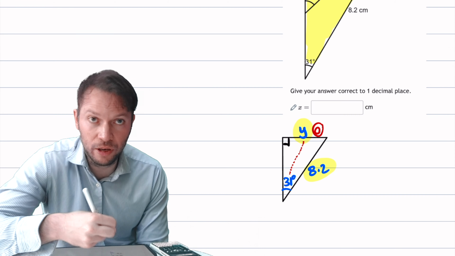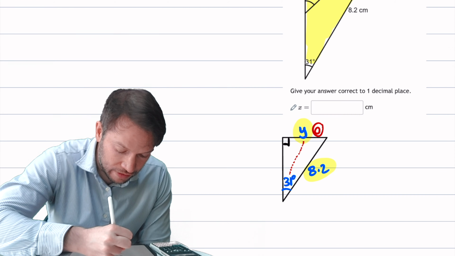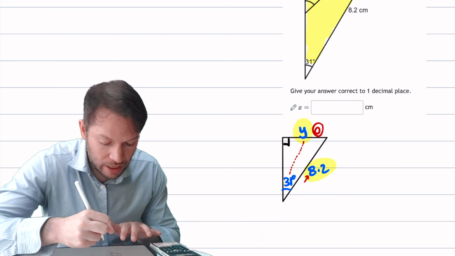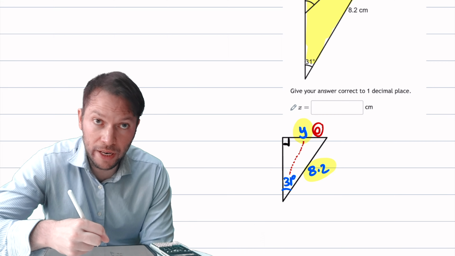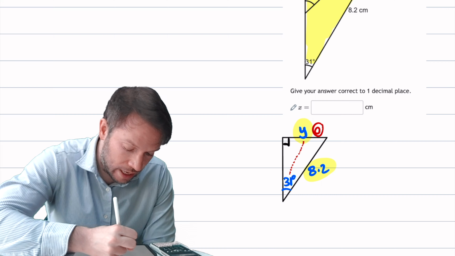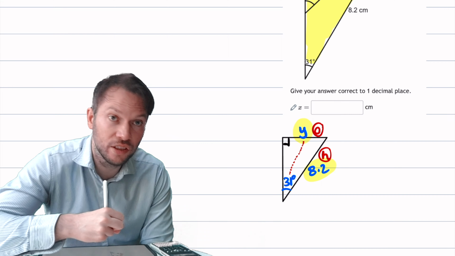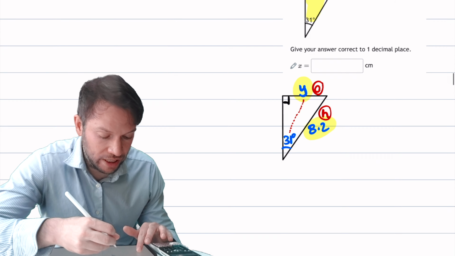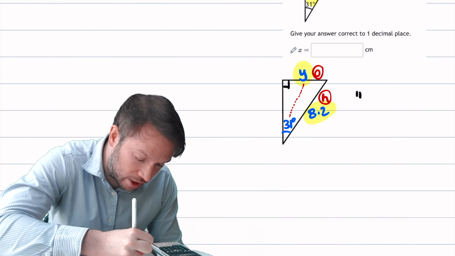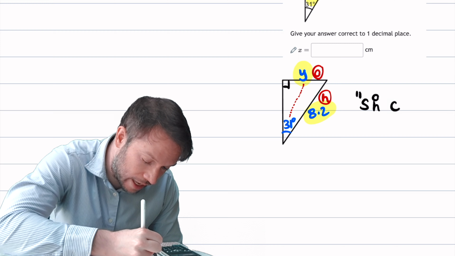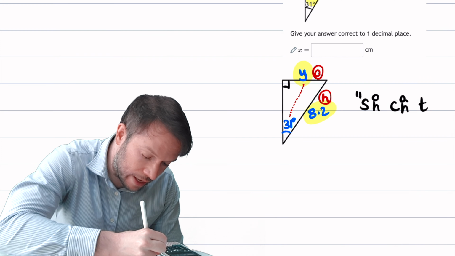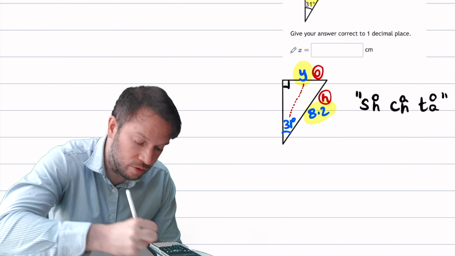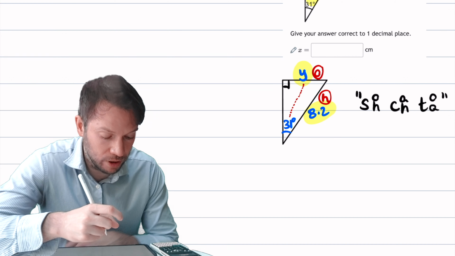So I'm going to put an O in a circle, O for opposite. And this side length here of the 8.2, that is the longest length of the right angle triangle. It's opposite the right angle. And we call that the hypotenuse. I'm going to use H for short. And then remember that we then select the right trigonometric ratio. So the mnemonic we can use is SOH CAH TOA. And that allows us to choose which trigonometric ratio is the correct one to use.